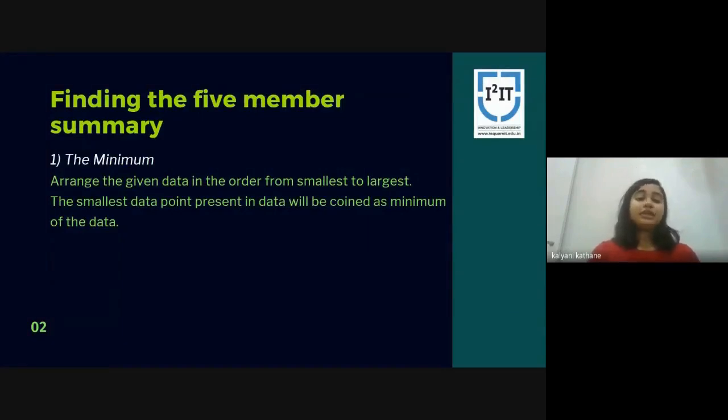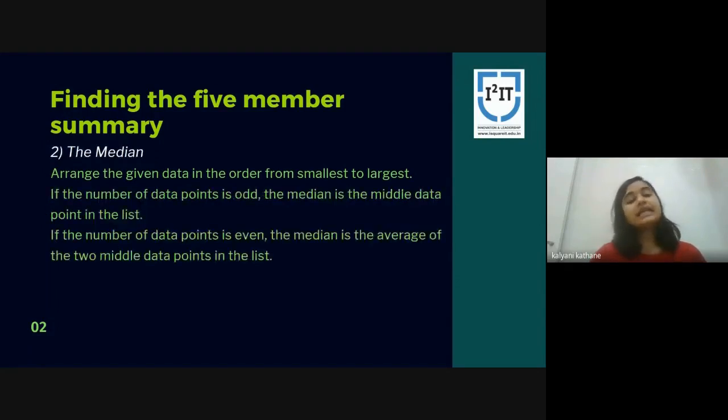The first is the minimum. First of all, we need to arrange all the data from smaller to larger, that is ascending format. The smallest data point present inside our database is the minimum point. Second is the median. We have to do the same thing: arrange all the data in ascending order. The median is the center of the data.